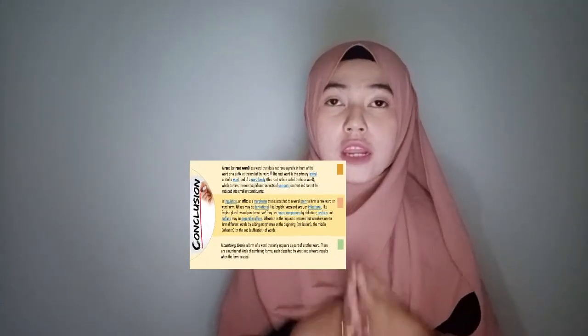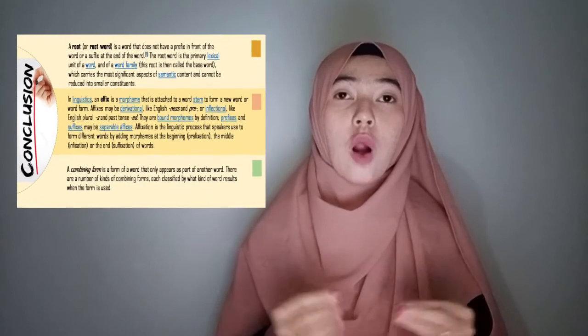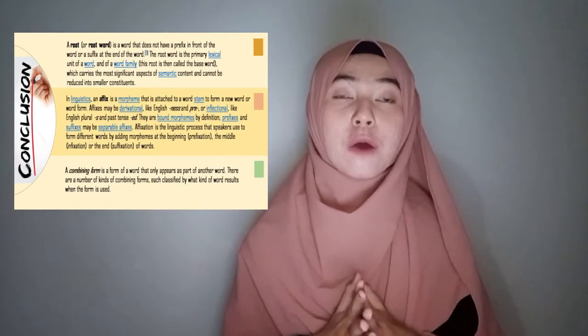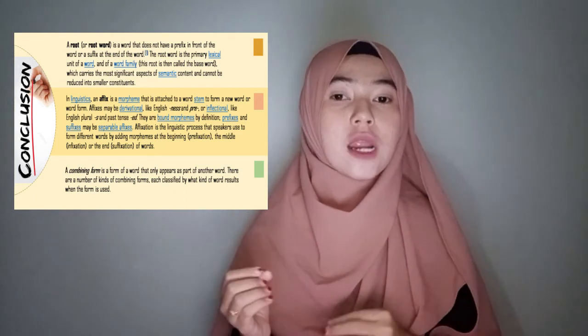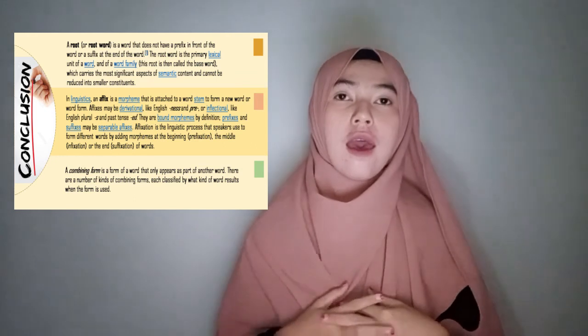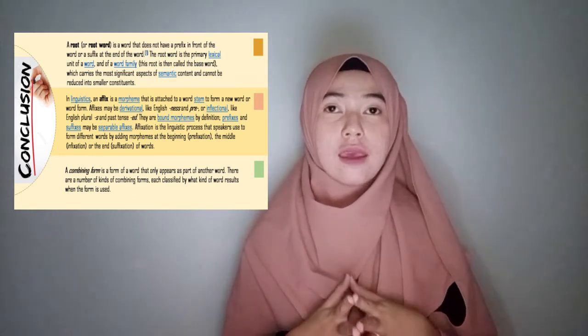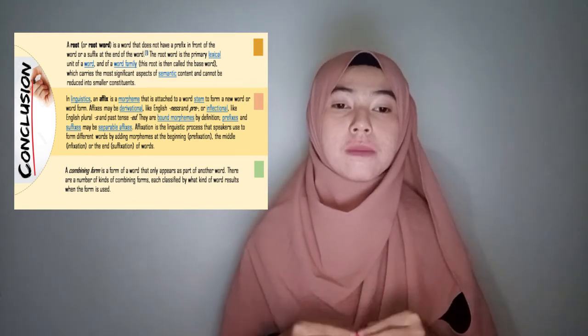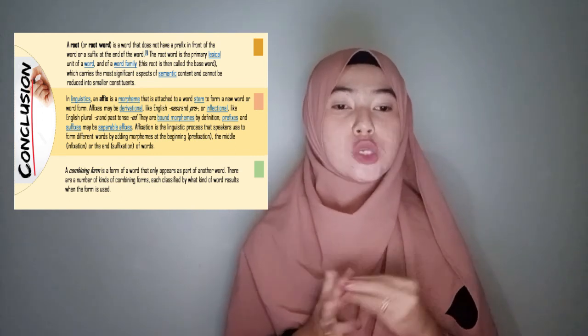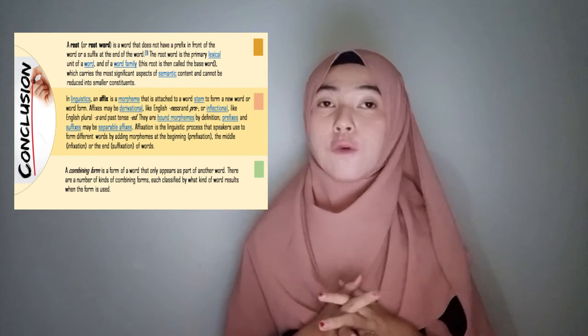Okay, conclusion of the material: kinds of morpheme, roots, affix, and combining form. A root or root word is a word that doesn't have a prefix in front of the word or a suffix at the end of the word. And in linguistics, an affix is a morpheme that is attached to a word stem to form a new word or word form.